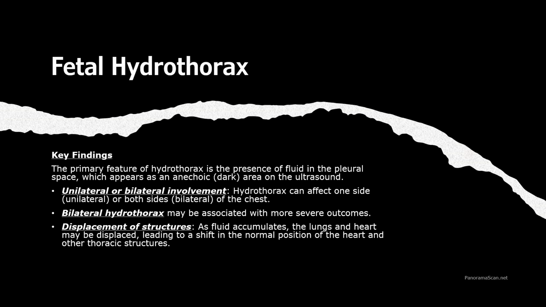As the fluid accumulates, it can cause displacement of the thoracic structures. This means that the lungs and heart may be pushed out of their normal position to the opposite side, which can further impact fetal development and fetal well-being after birth.